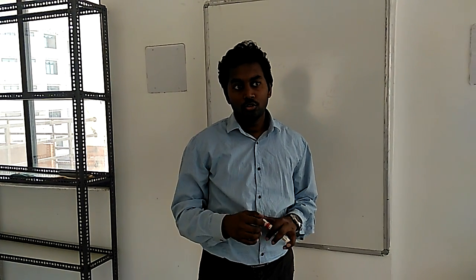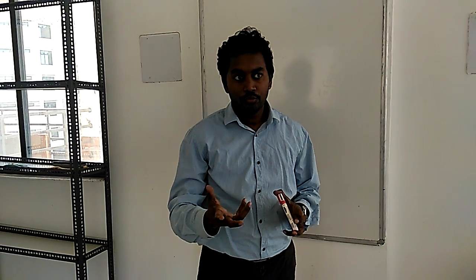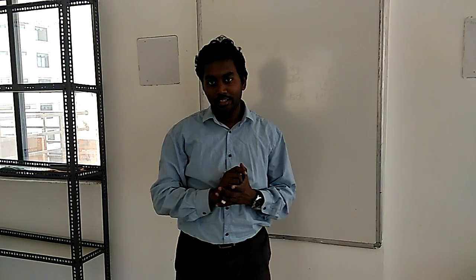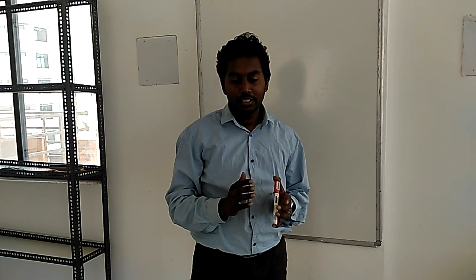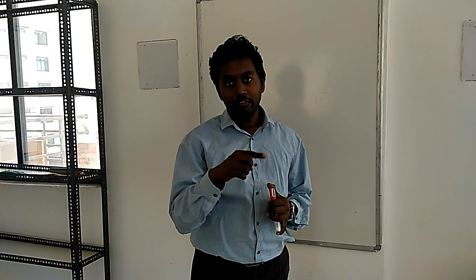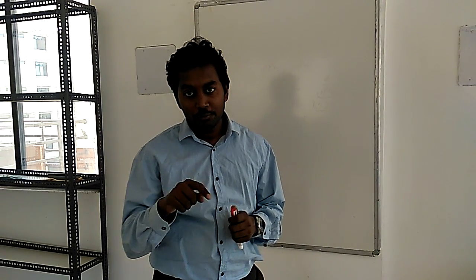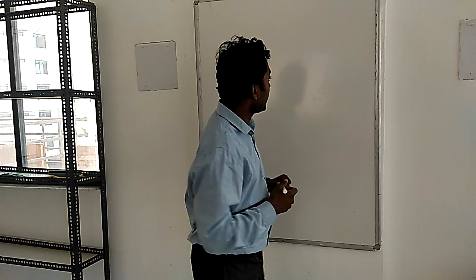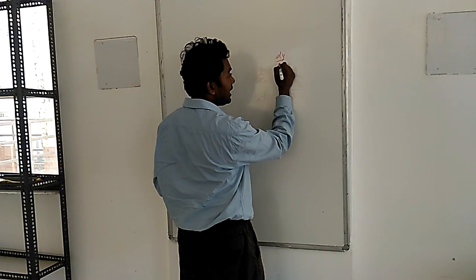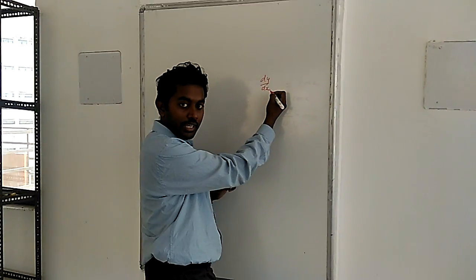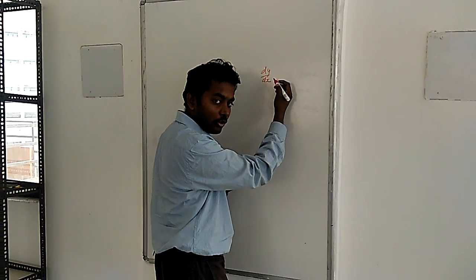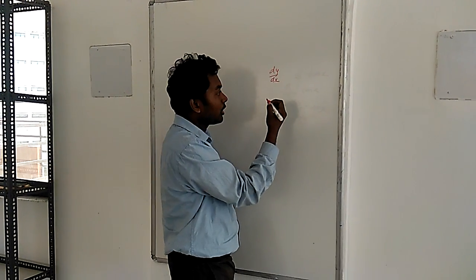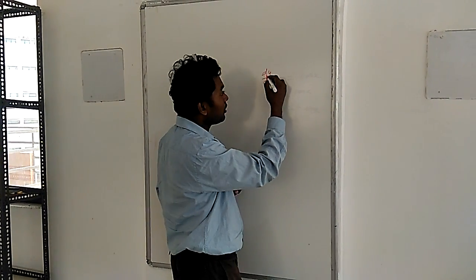Okay, so what do you know about derivative? I feel that you know the basic idea of derivative. Derivative is basically what? If y is a function of x, we differentiate it with respect to x. We normally denote it as dy by dx. y is a function of x, and as x varies, y varies. So we write dy by dx.